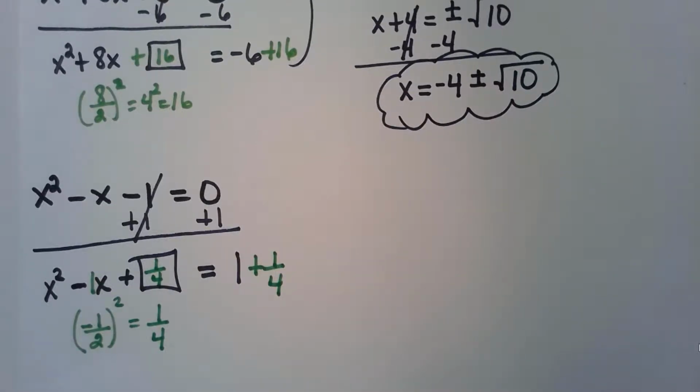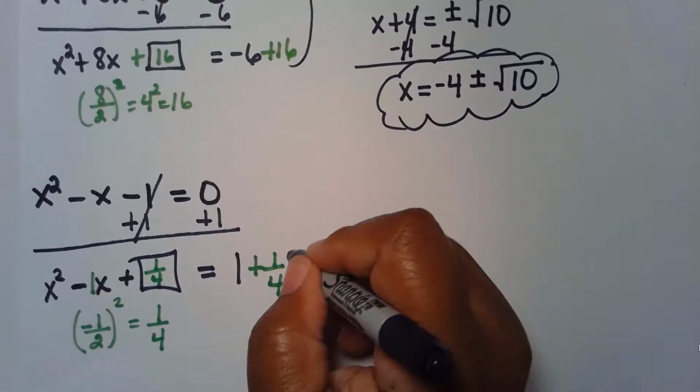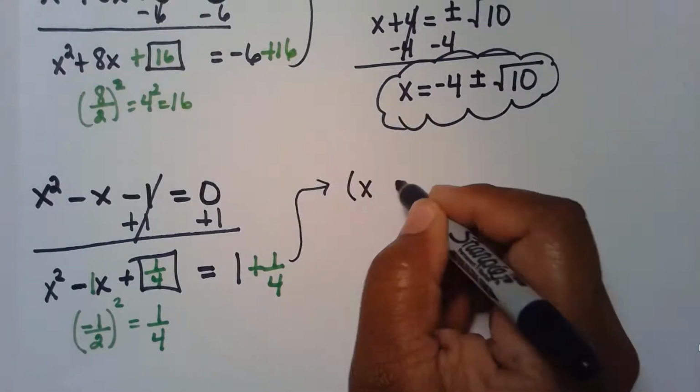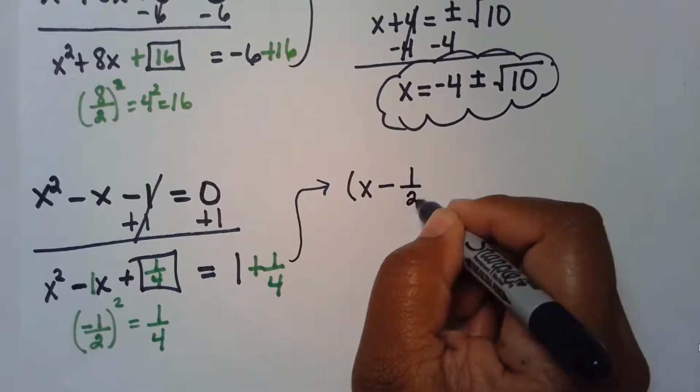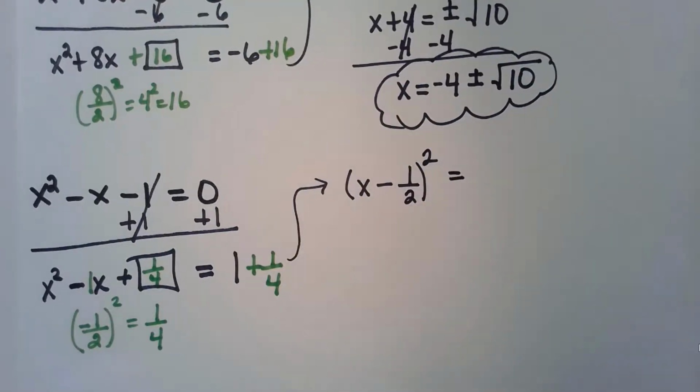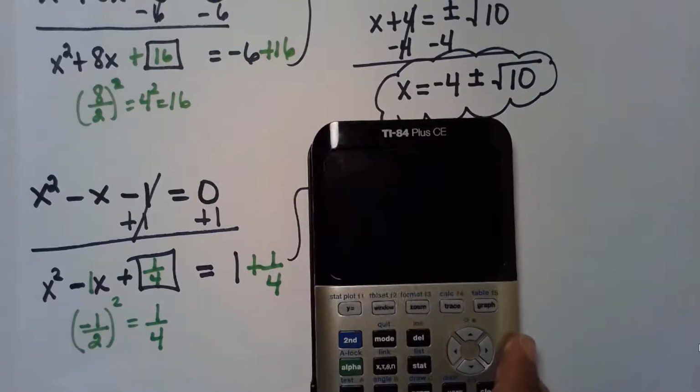Just because it's a fraction doesn't mean we cannot simplify this out. So on the left-hand side, we want to write it as a perfect square trinomial. So this becomes x minus 1/2 squared equals, now let's add 1 and 1/4.